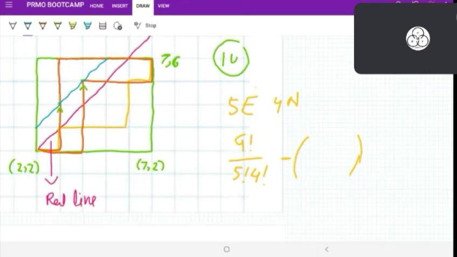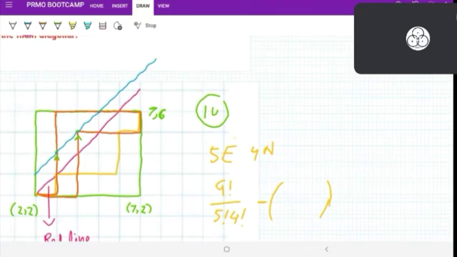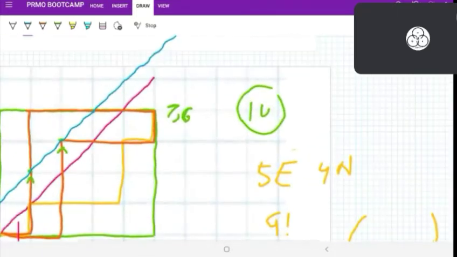Now let me extend this blue line and you will see the magic of lattice paths here. Let me draw the reflection with a different color, say red.